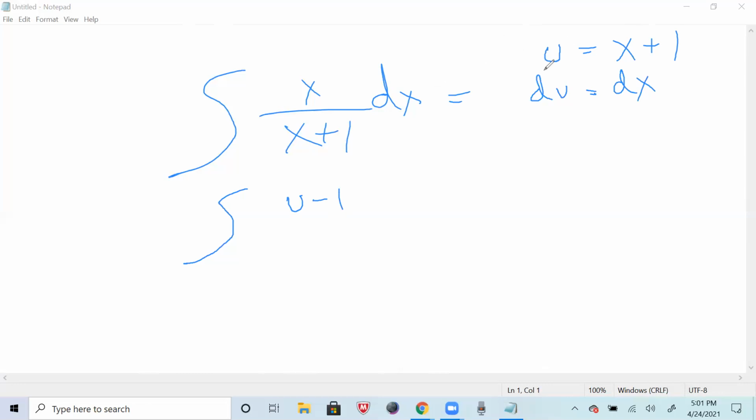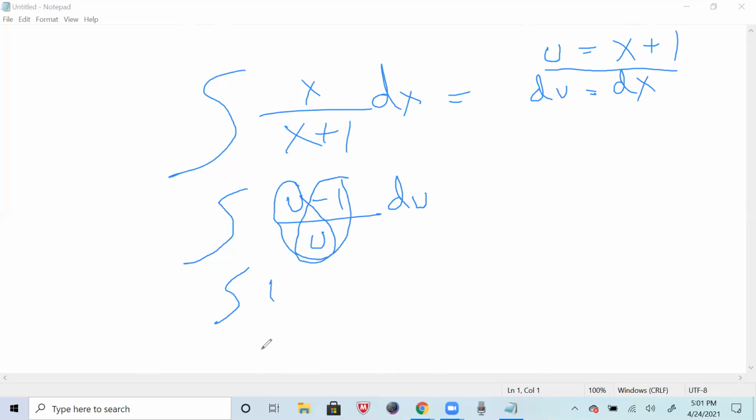Correct. Based on this. And now, the reason this is so much better is because I can now integrate this. Because I have a single entity in the denominator, I can split that thing up into the two fractions. So it's the integral of 1 minus the integral of 1 over u.